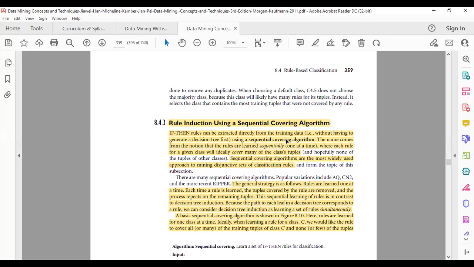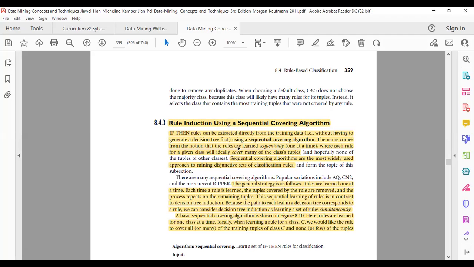In rule induction using the sequential covering algorithm, the if-then rules can be extracted directly from the training data. We do not require any decision tree when we write rules using the sequential covering algorithm.